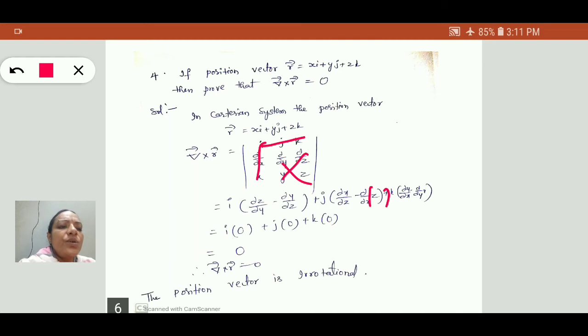Similarly, plus k into (∂y/∂x minus ∂x/∂y). So this is the determinant equation.